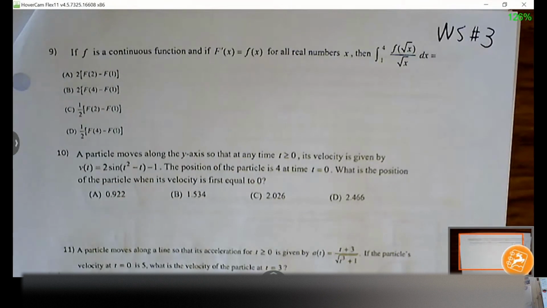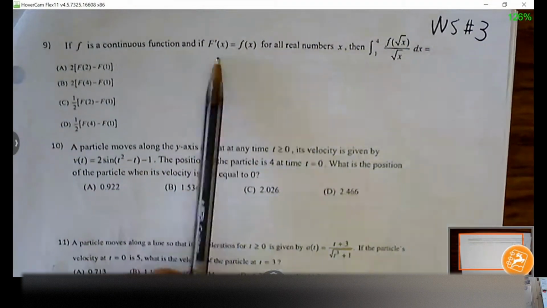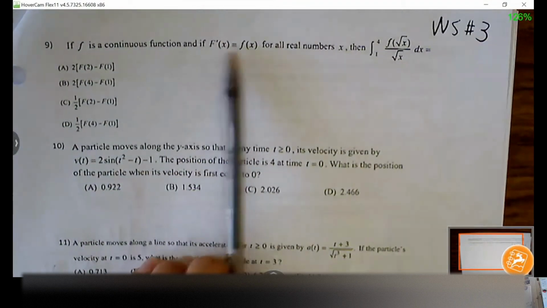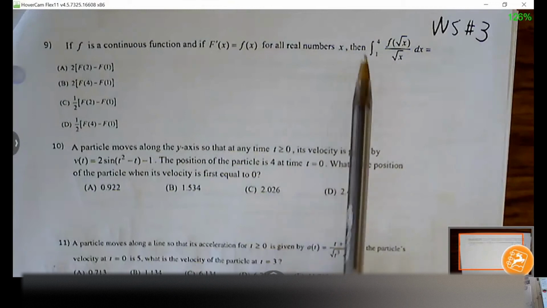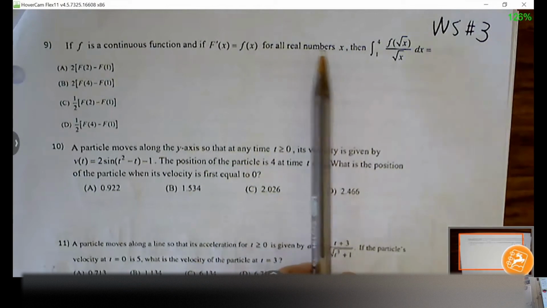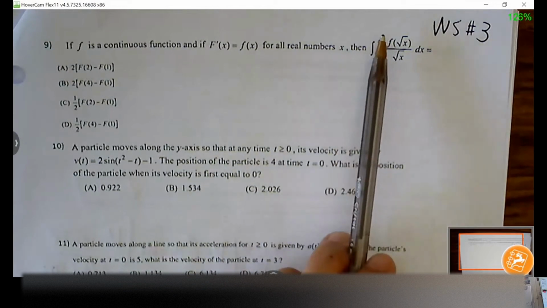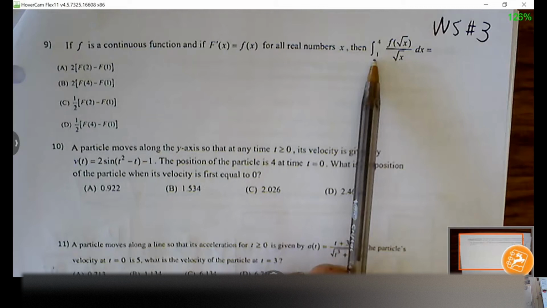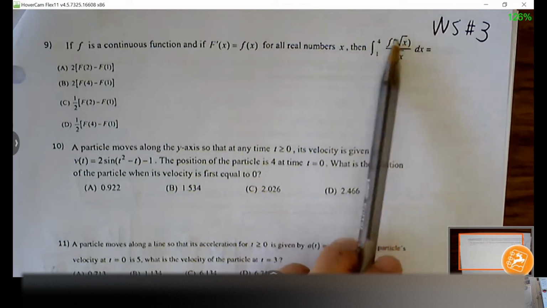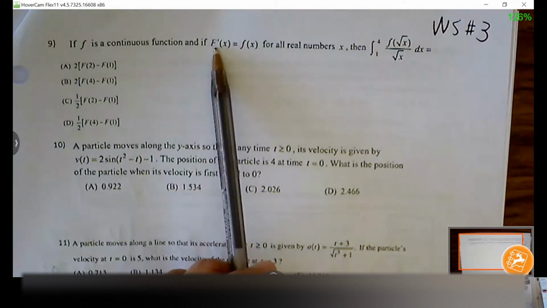Okay, it says if f is continuous, F prime equals f of x. Okay, so this tells us there's that relationship, right? That this f function that we see in front of us is really sitting at the uppercase F prime level.